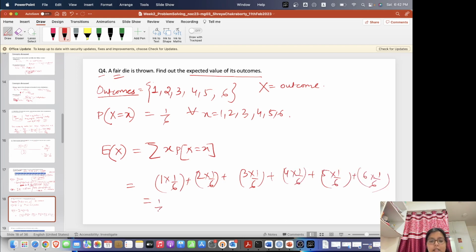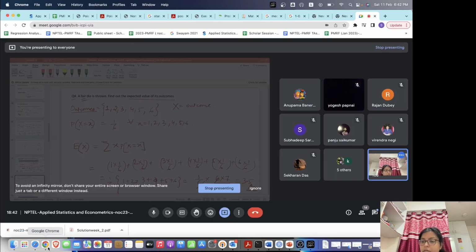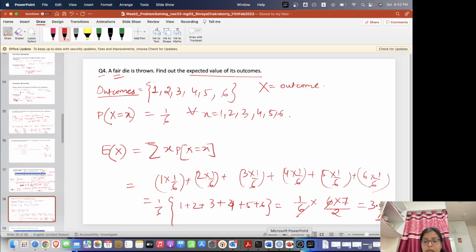We'll just take 1/6 common: 1 plus 2 plus 3 plus 4 plus 5 plus 6. This will be 1/6 into n(n+1)/2, which is 3.5. Is it clear? Yes, ma'am. Any doubt? Okay.